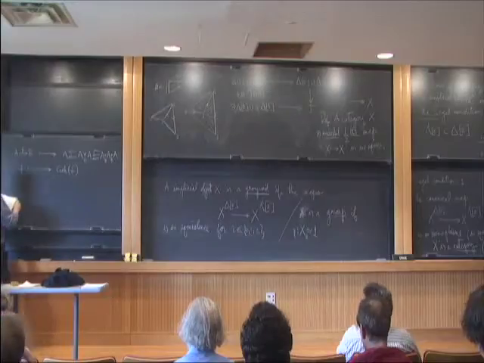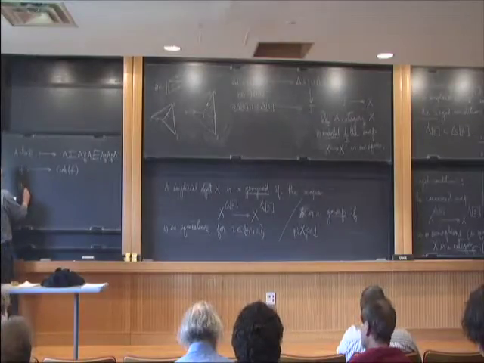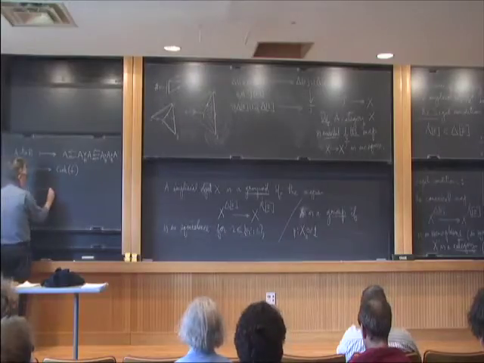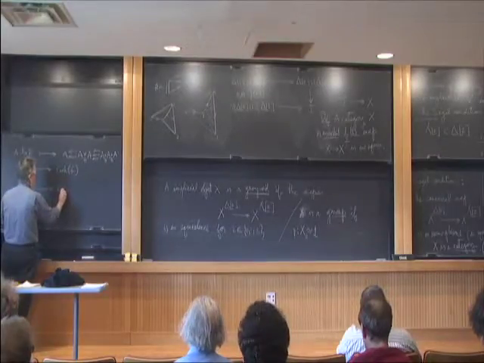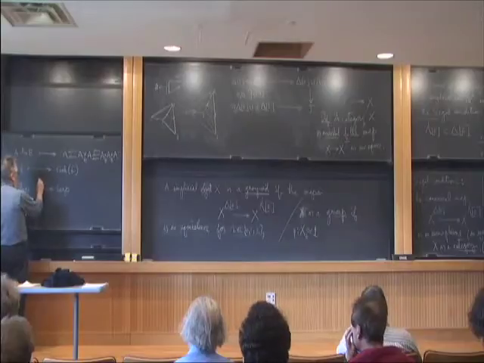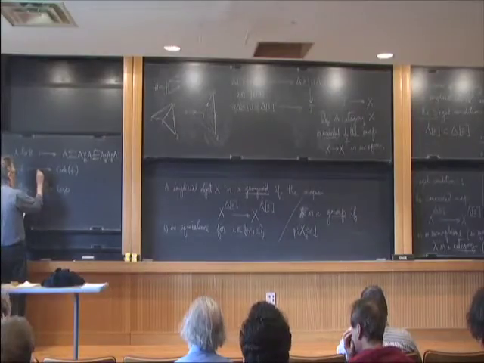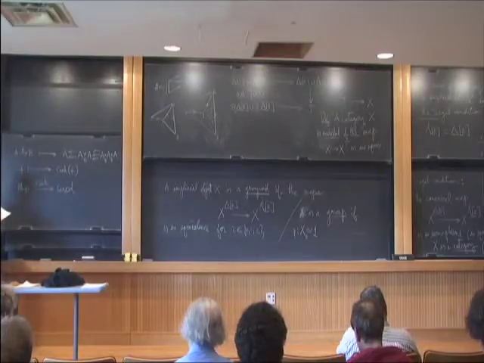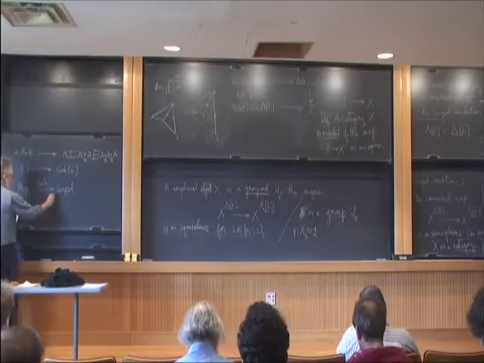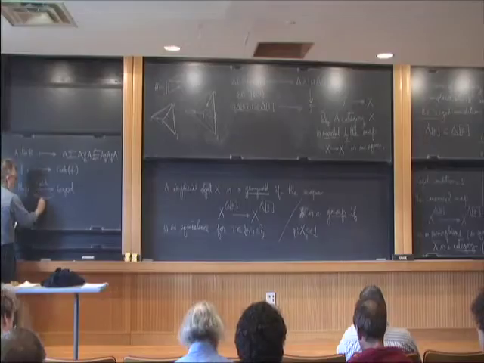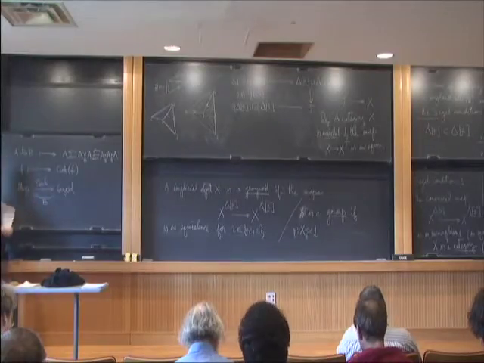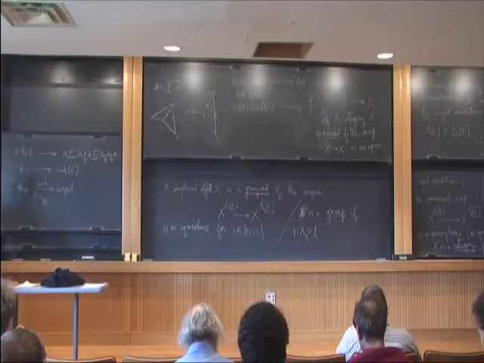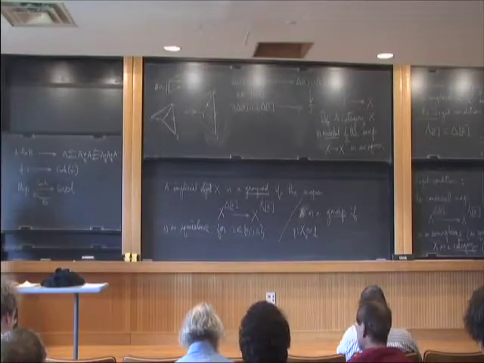Now, this defines a functor from the category of maps to groupoids. The Cech functor. And this functor has a left adjoint, which is called B, the classifying space of a groupoid.